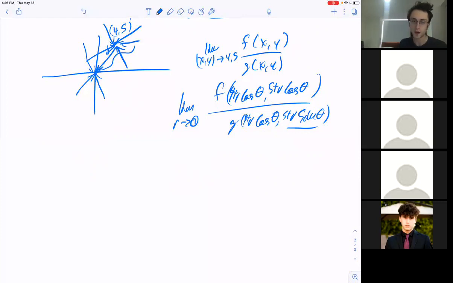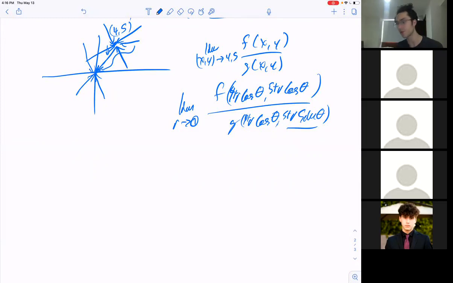Okay, well, fair enough. Maybe you'll only use polar coordinates to go to the origin. But let me tell you that it's pretty easy to extend them to other points, right? You just translate the function, okay?